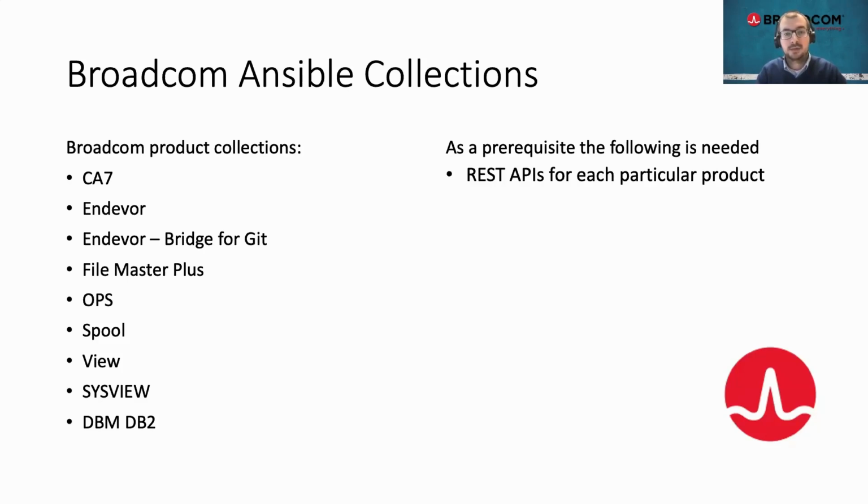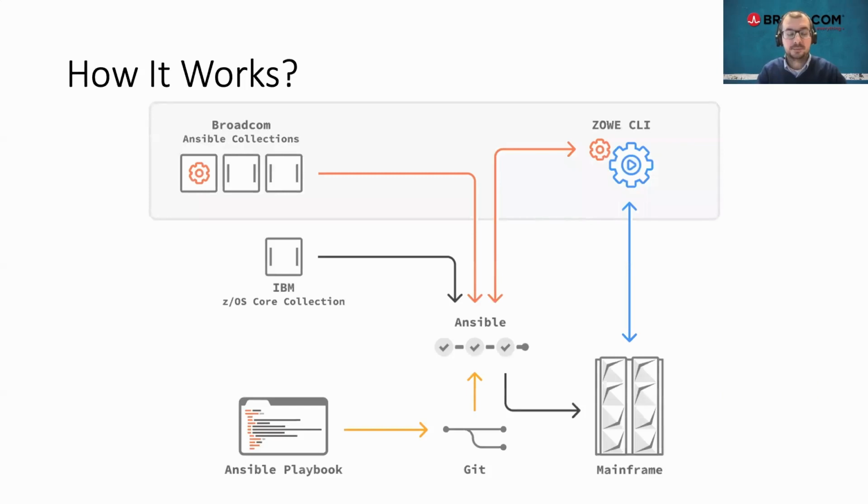There is only one prerequisite for this, and this is to have REST API enabled for this particular product. Everything else is solved by this REST API on the mainframe side and by Zowe CLI on the Ansible control node side.